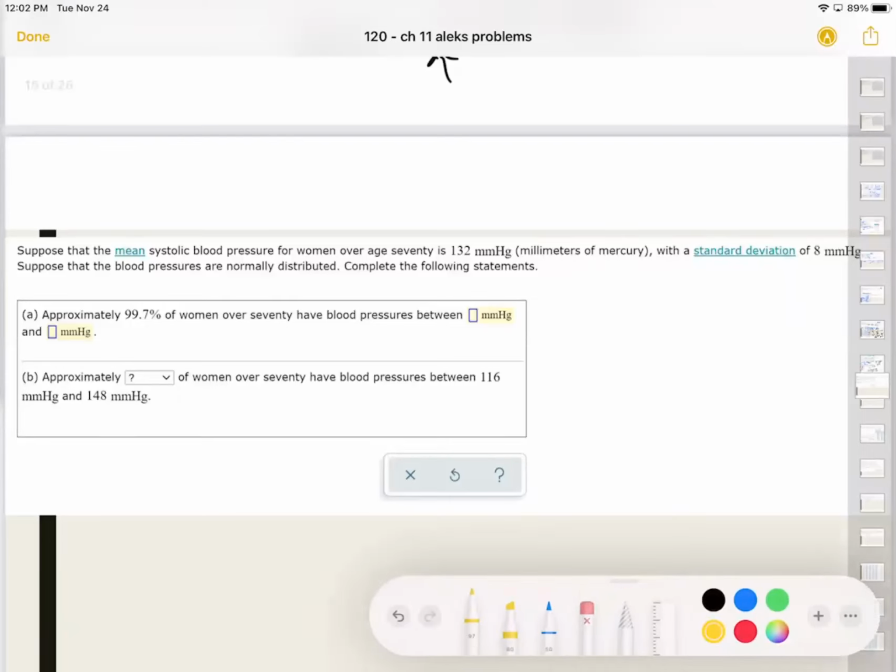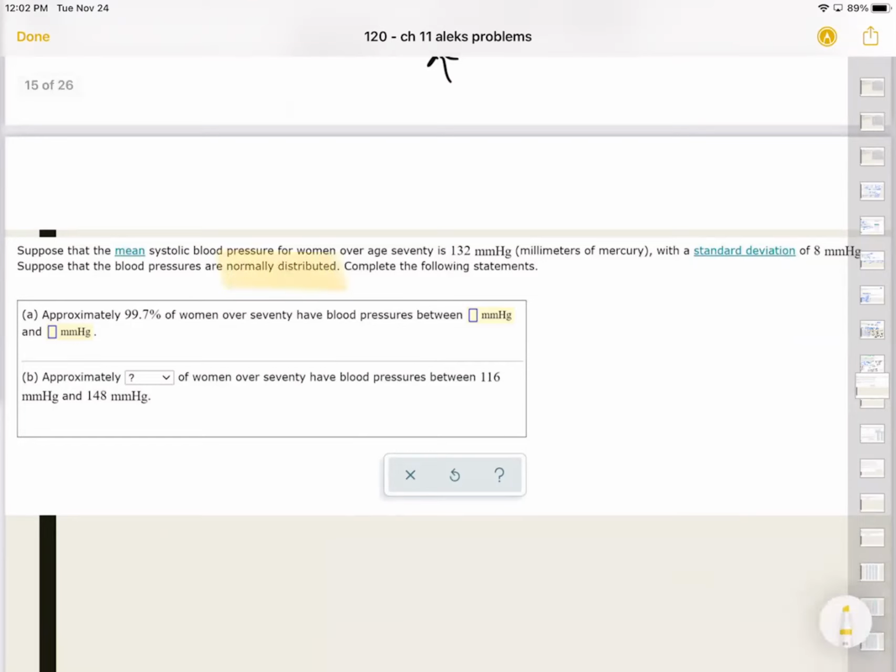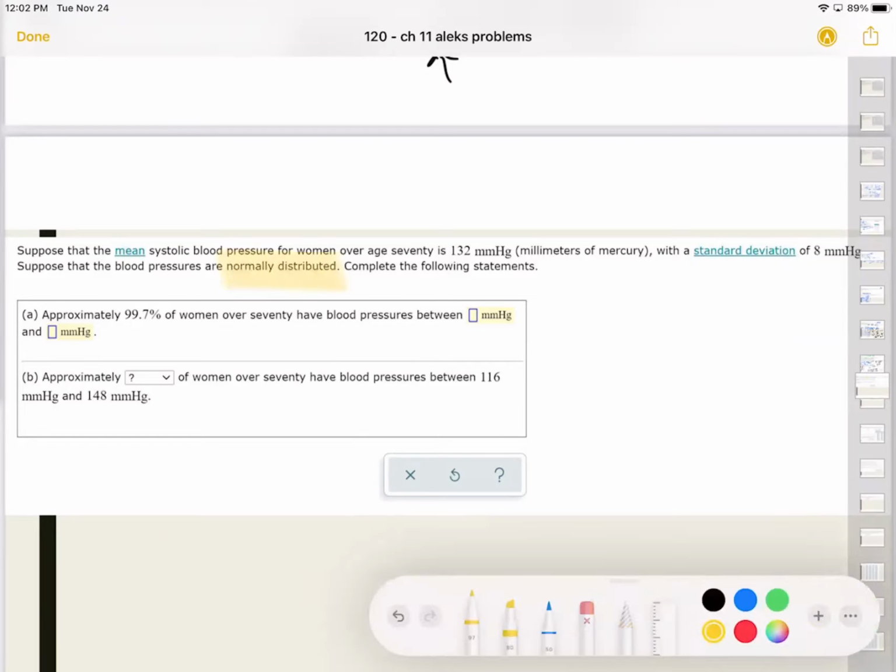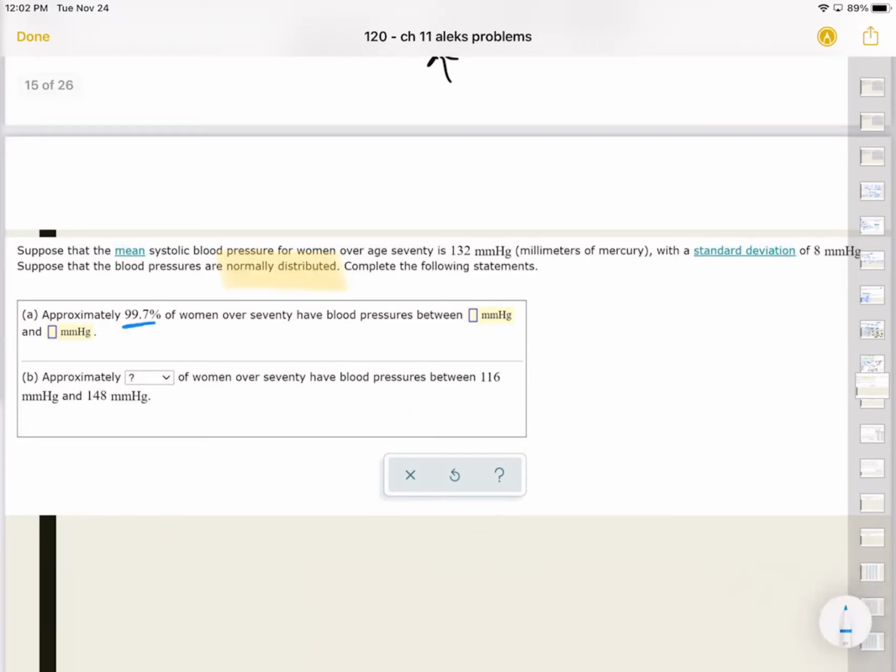Normally distributed basically tells you it's a bell-shaped curve, right? Approximately 99.7% of women over the age of 70 have blood pressure between what two numbers?